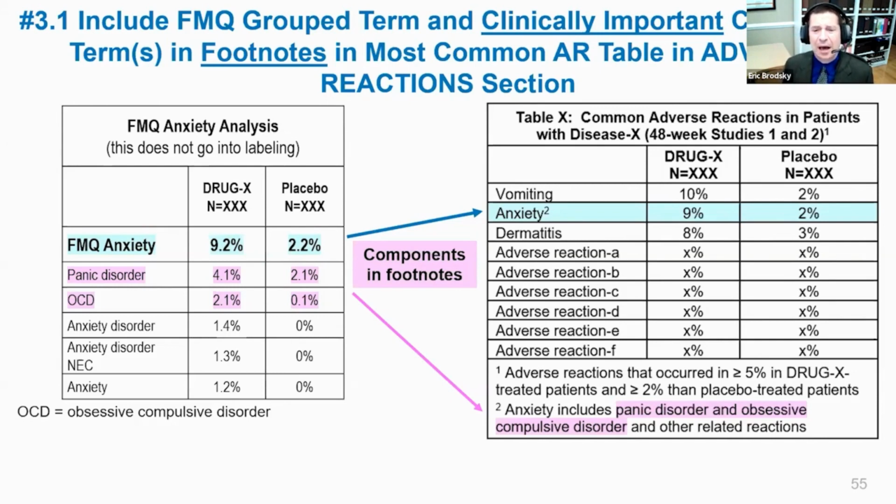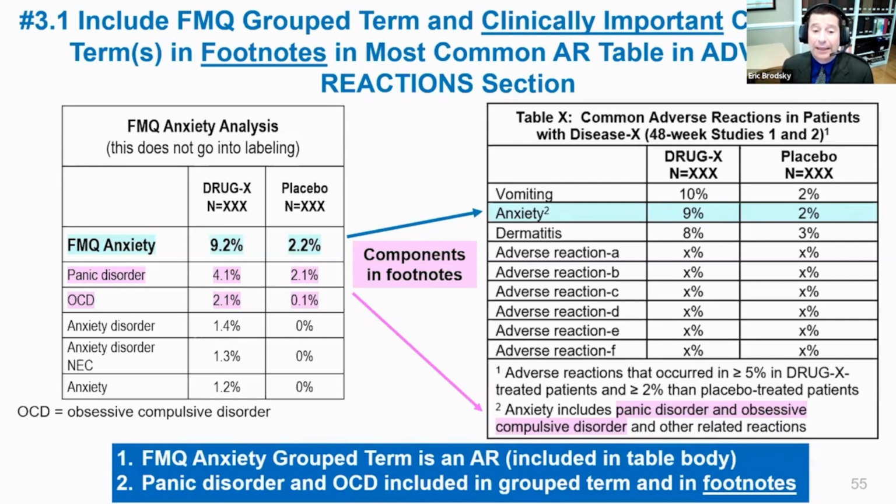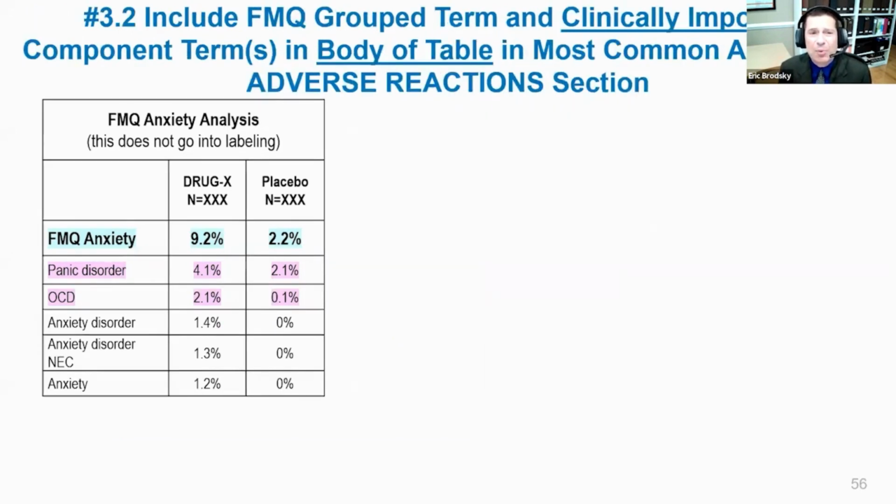So potentially one would less likely want to include those clinically important terms within the body just because of the length of the table. And you could click through here. Again, the anxiety group term is mentioned, and we include the clinically important terms in footnotes. Next slide, please. So 3.2 is the same situation, same data.